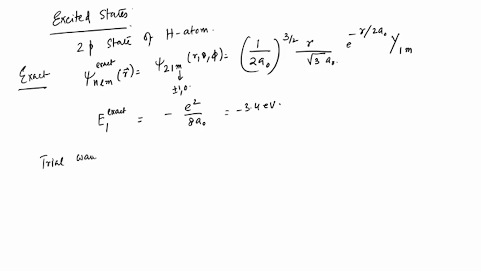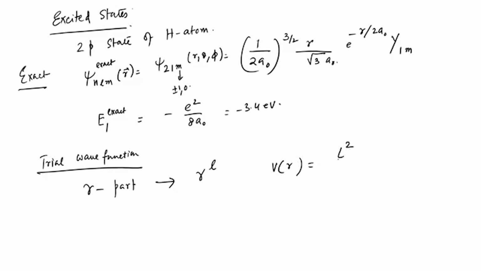Let us take the trial wave function to be some ansatz. The r part of the trial wave function must be something like r to the power l, because this radial part has this l dependence. It comes from a part of the potential term, which is like L square by 2 m r square, that is l into l plus 1 divided by 2 m r square.